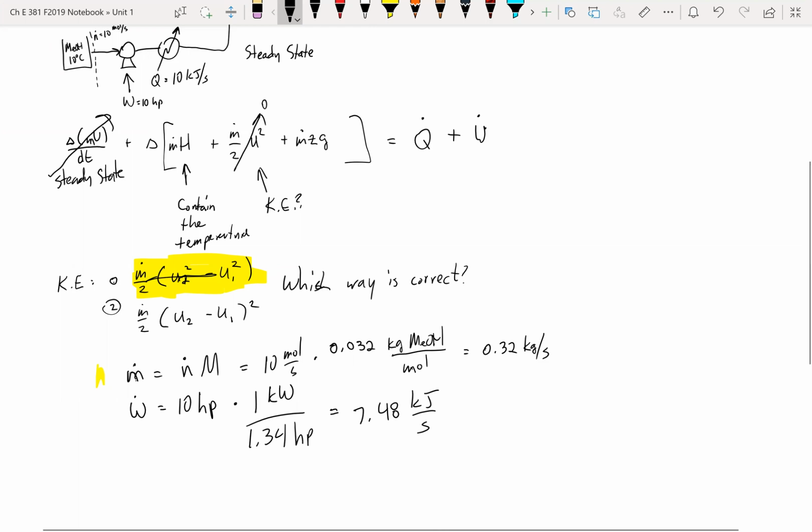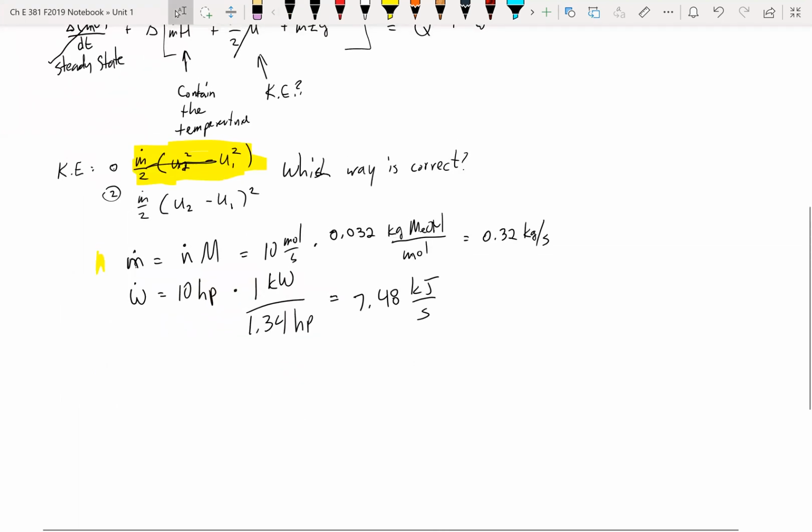All right, the heat term is already given for us in a convenient format. And so we just need the mgz term. So that's going to be 0.32 kilograms per second times 10 meters times 9.81 meters per second squared.